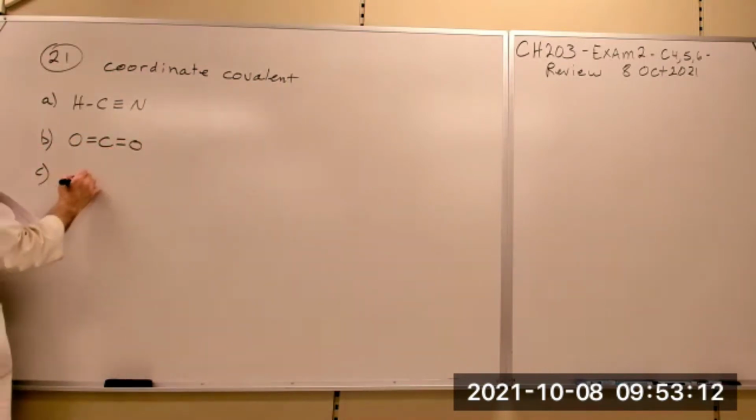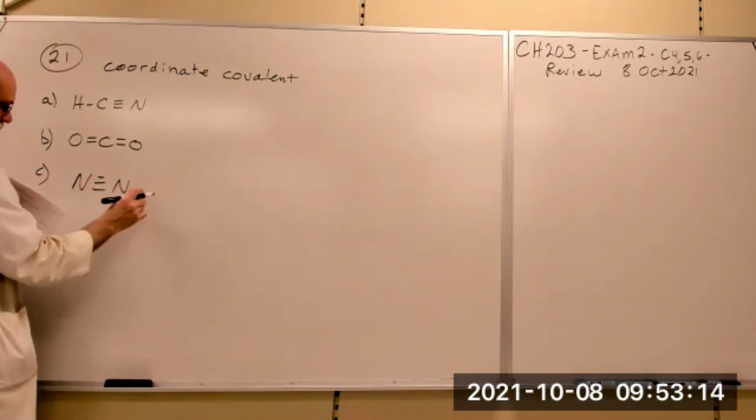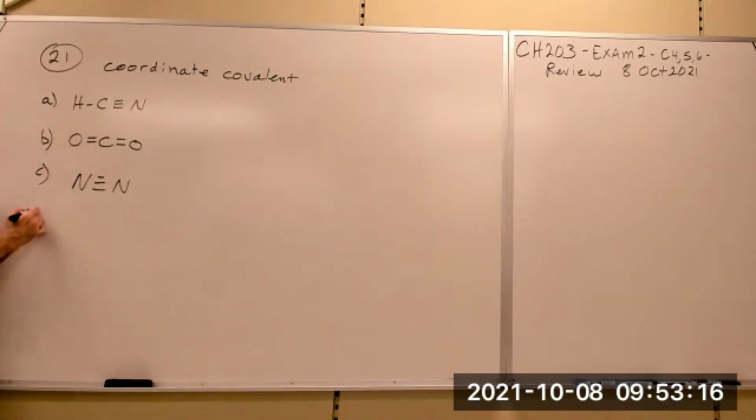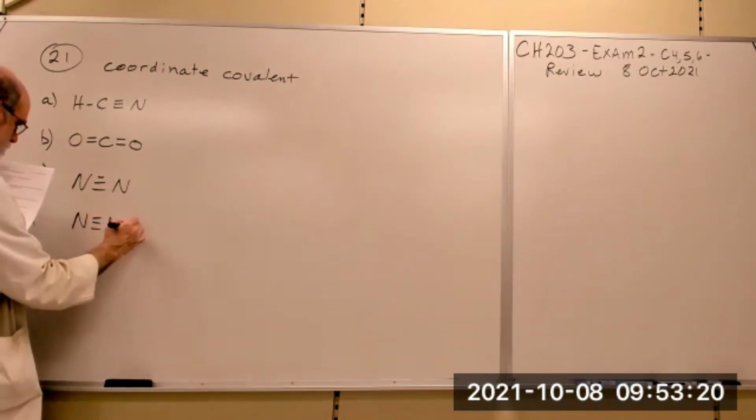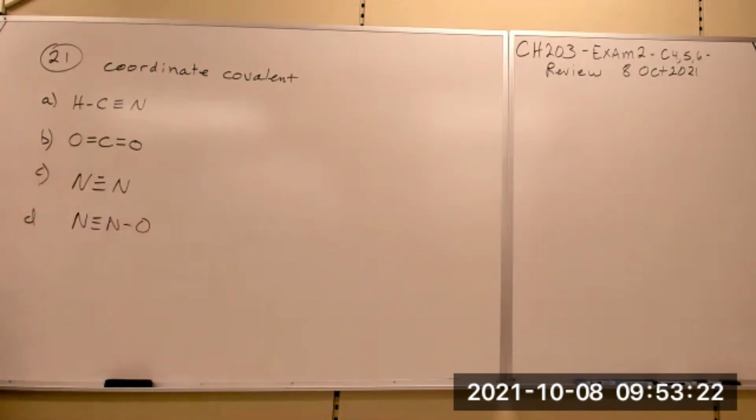C is this one. And D. Okay. Dinitrogen monoxide, nitrogen, carbon dioxide, and hydrogen cyanide.